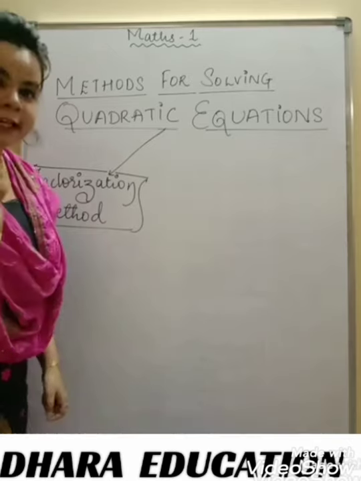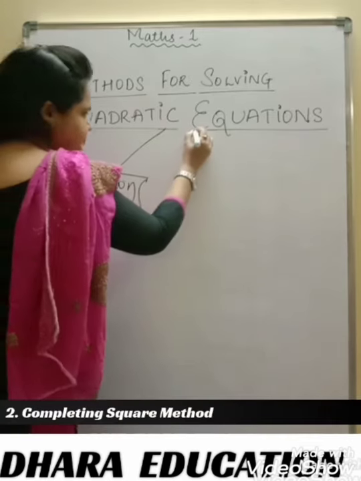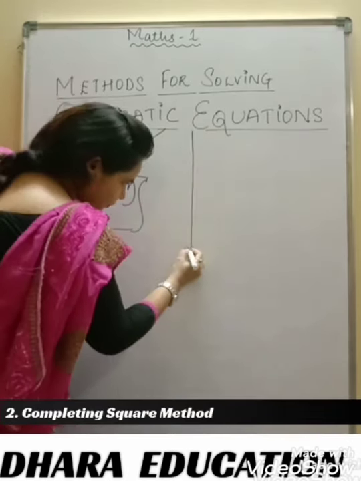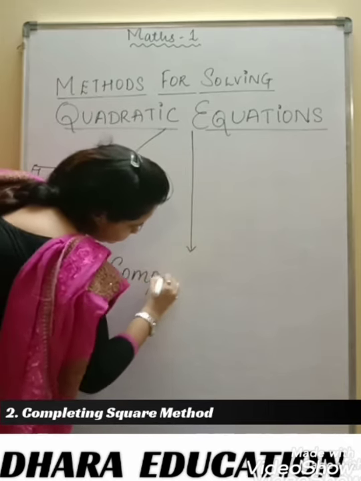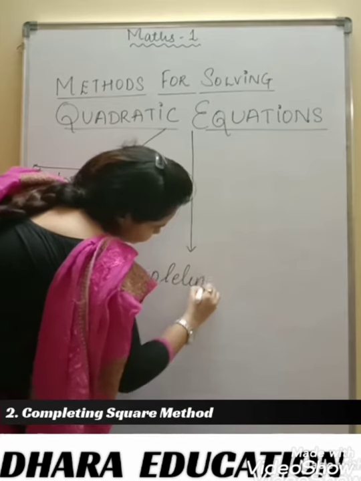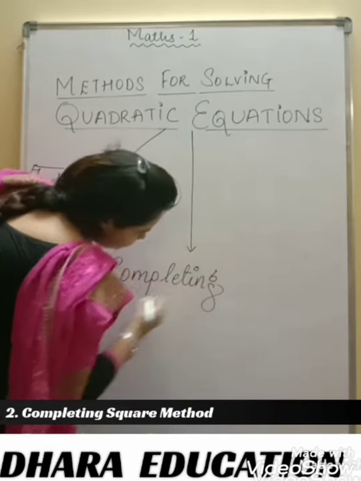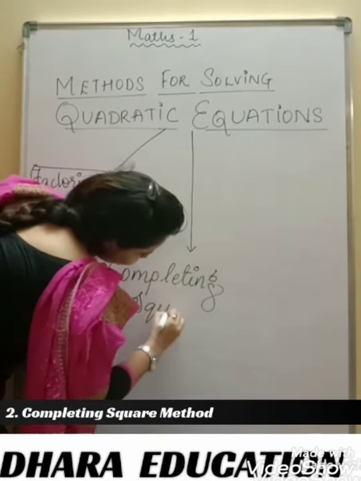The second method is the completing square method.